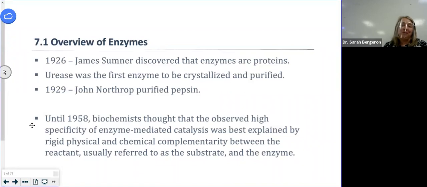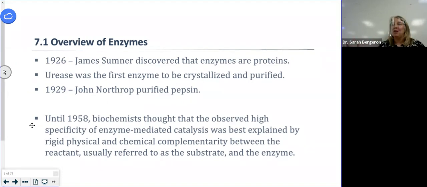So 1926, this kind of always floors me, is when we discovered that enzymes were proteins, right? And we first crystallized them and actually looked at them and purified them. And so it took us a while to do that. And then initially we thought, right, that you learn this in biology, the lock and key thing.